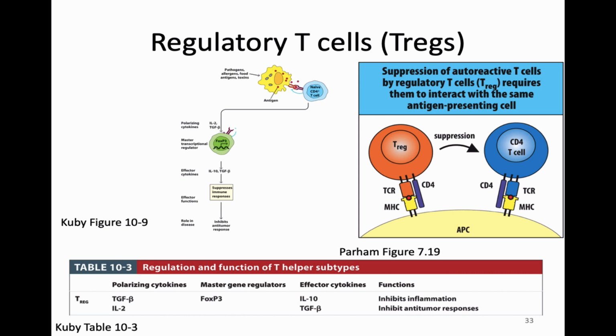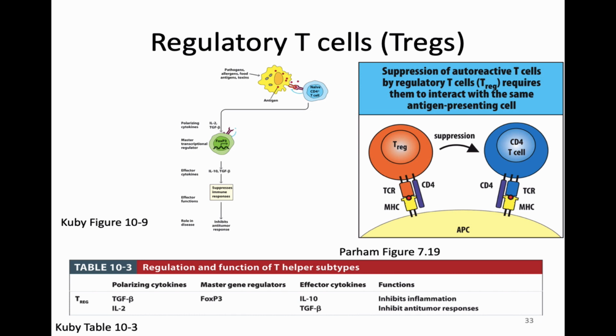And when that cell receives TGF-beta, it starts making the master transcription factor, the master regulator, FOXP3. As a result, the cell will start making cytokines IL-10 and TGF-beta. And these Tregs, or regulatory T cells, have the function that they can suppress the immune responses or turn off other cell types.